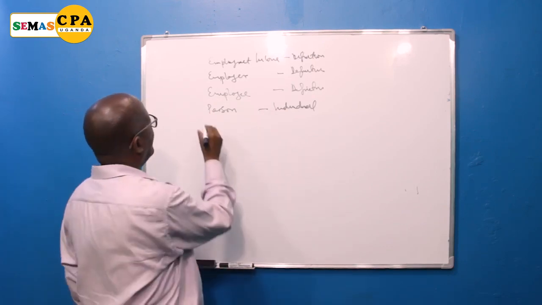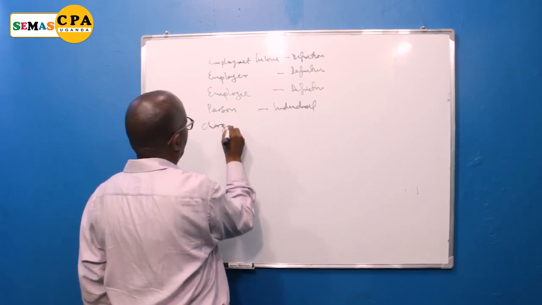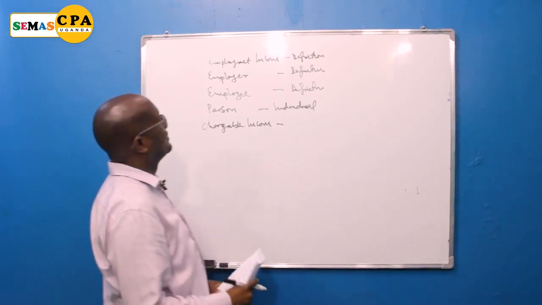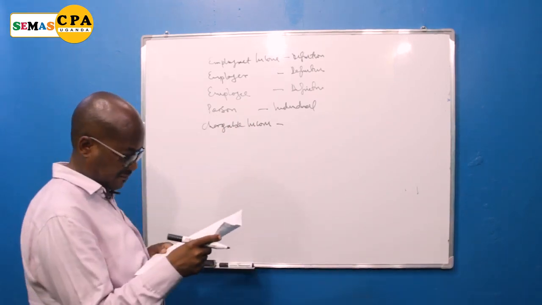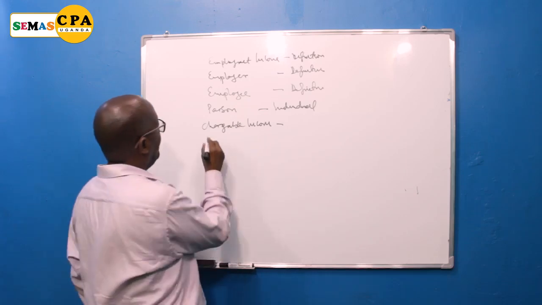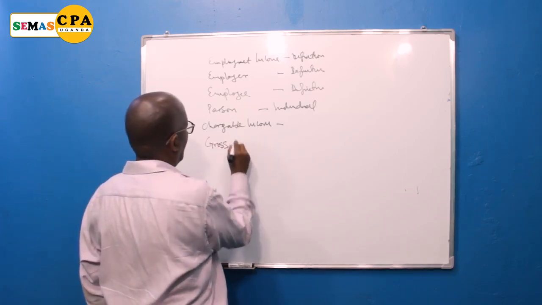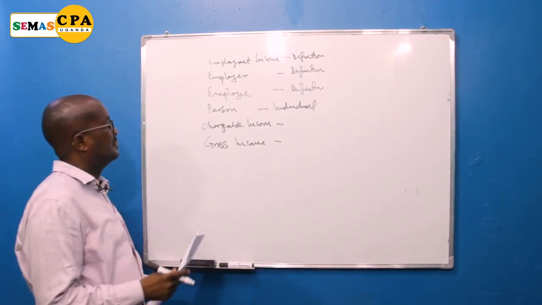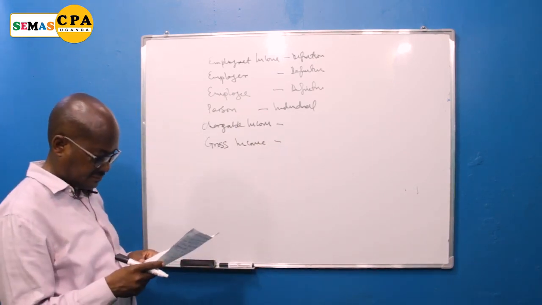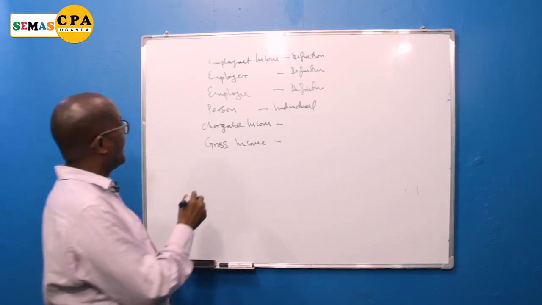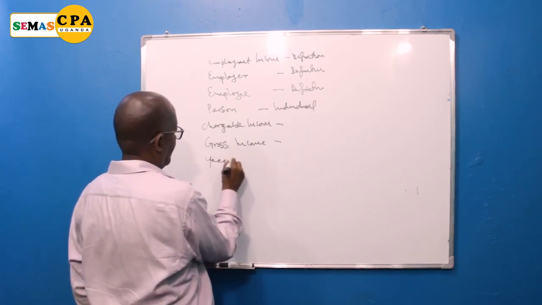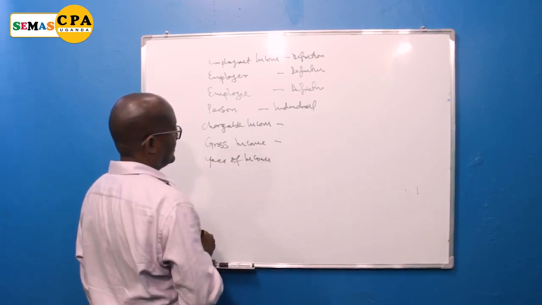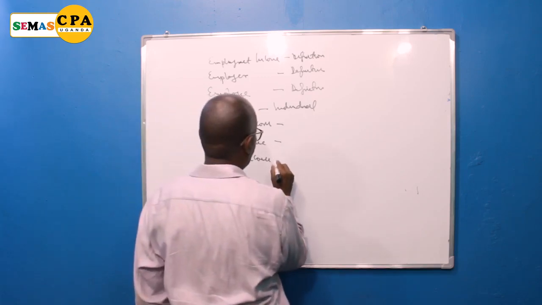What is chargeable income? Those are definitions. What is gross income as opposed to chargeable income? What is a year of income? We have a year of income for tax purposes.